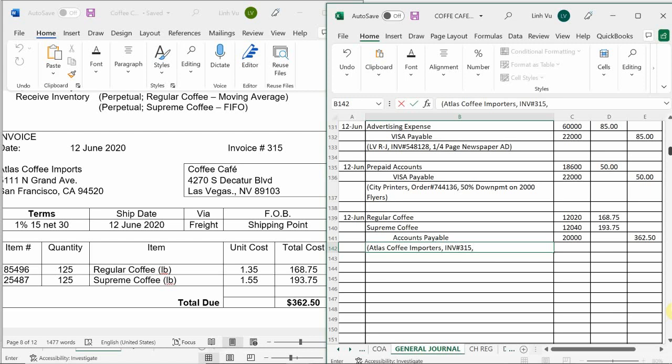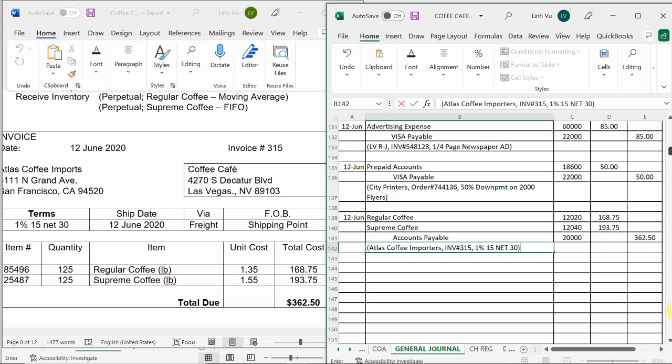Okay? Did they give me terms? Yes. The terms they gave me were 1/15, net 30. So that means I can pay within 30 days, or I can pay within 15 and receive a 1% discount.